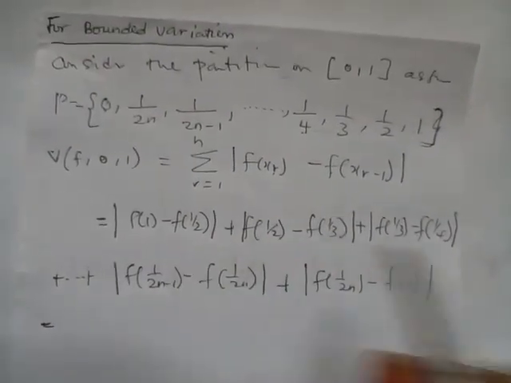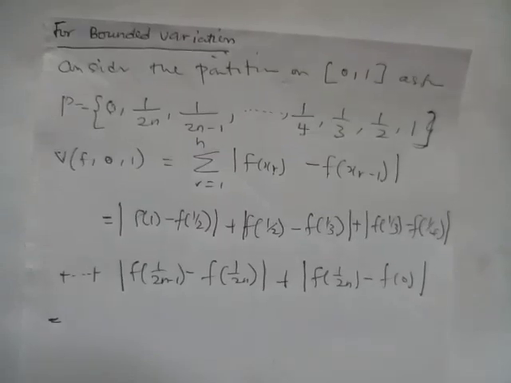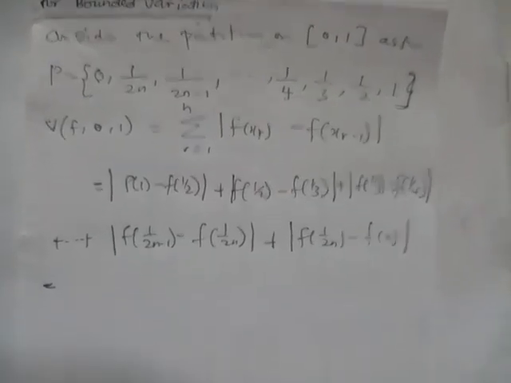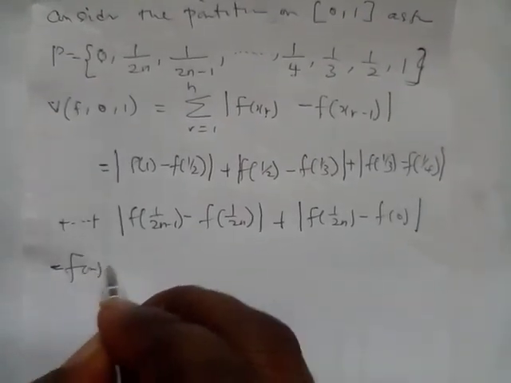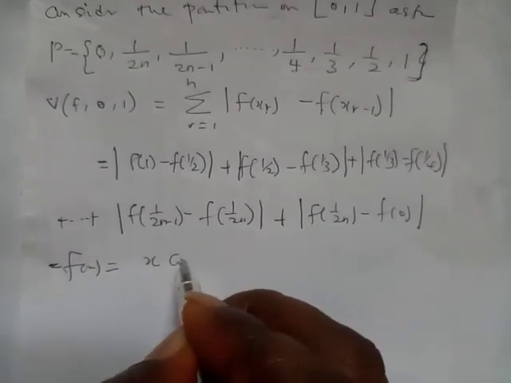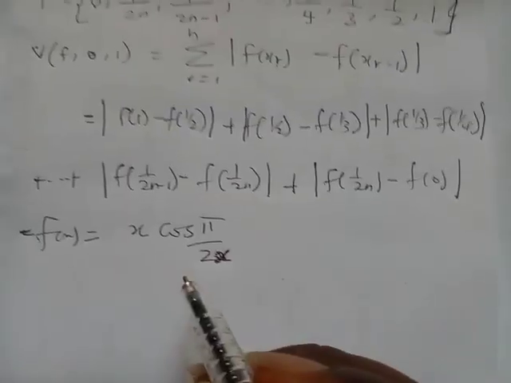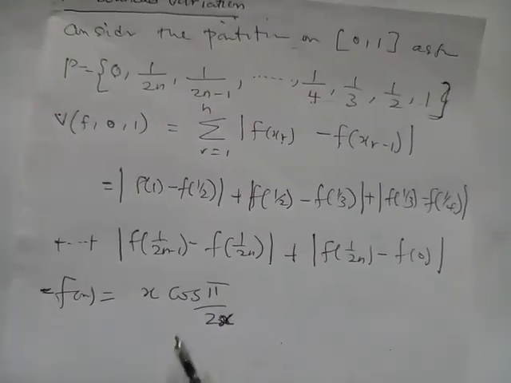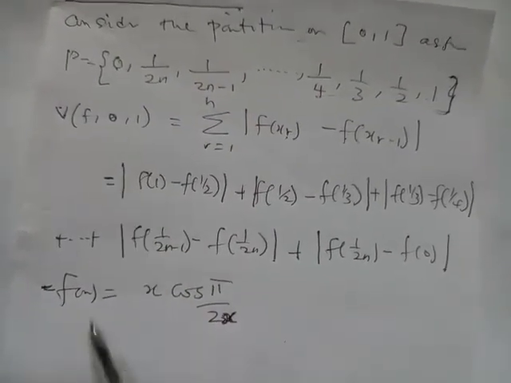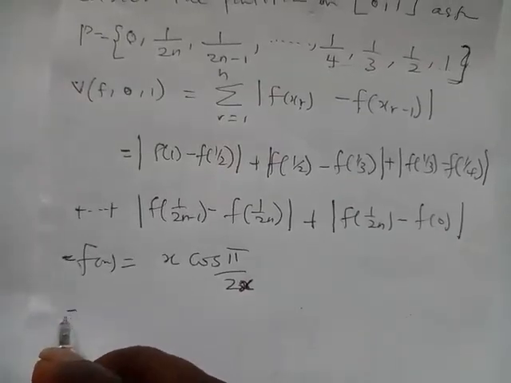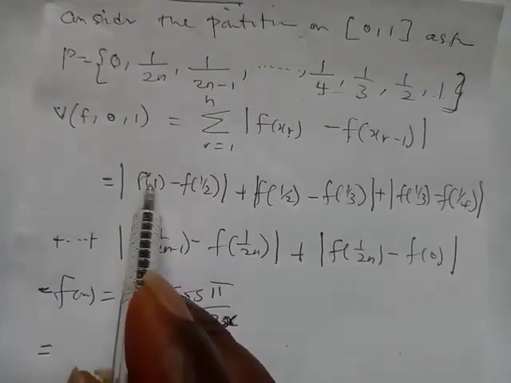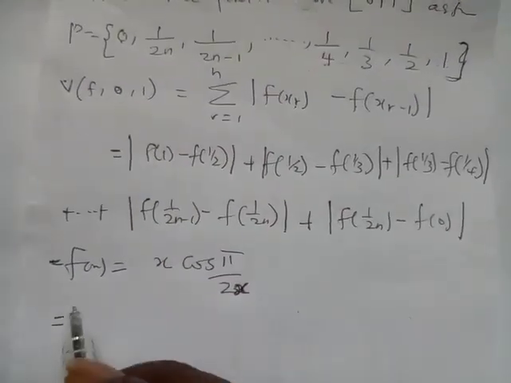f of 1. So we know our f of x. We know that f of x is x cos pi over 2s. So we only need to substitute all these things there. Anywhere we see s, we put it as 1 and so on.